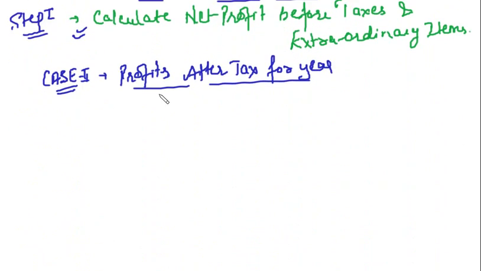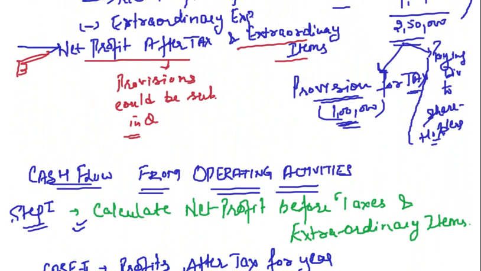Now, profits after tax. These are given to us in the question. Now, see, if there is an extraordinary expense, what we did, we subtracted. Now if we are doing the reverse working, what we will do with this extraordinary expense?